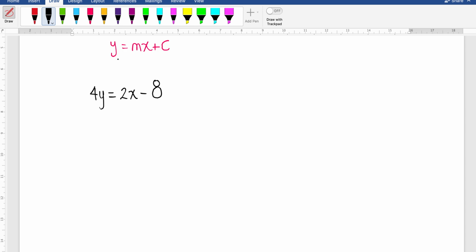So it's not in that format. But I know that if I sub in x equal to 0, then I'm going to find the y-intercept.